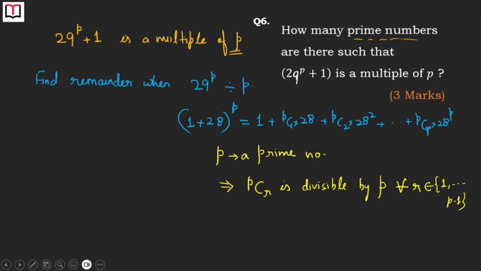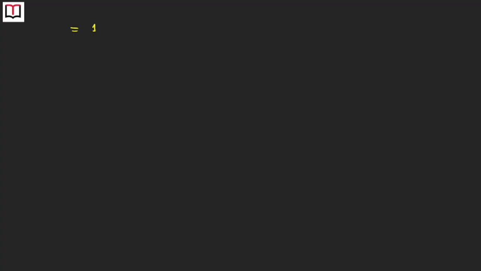Except, pC0 is 1, of course not divisible by p, and pCp is again 1. Otherwise, all binomial coefficients from pC1 to pC(p minus 1) are divisible by p. Hence, if this expansion is divided by p, they will leave remainder 0. They are all multiples, so we are left with 1 plus 28 raised to the power p.